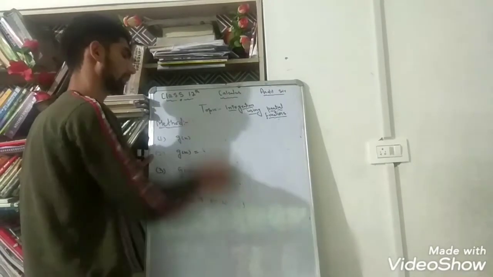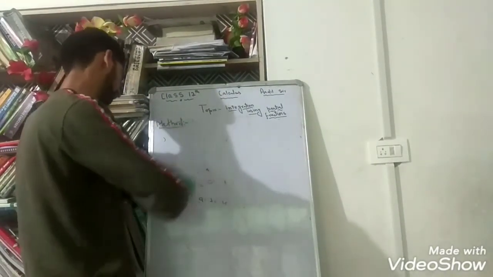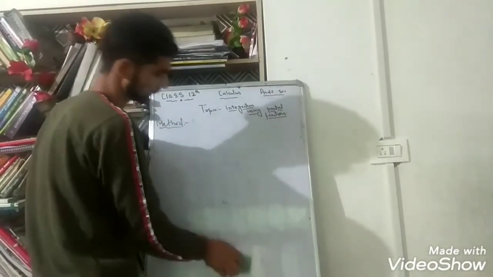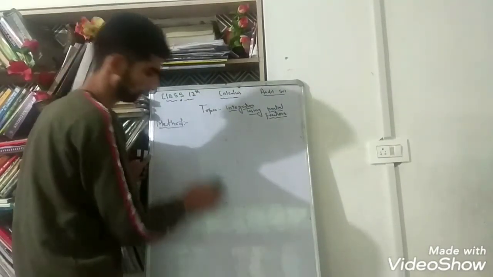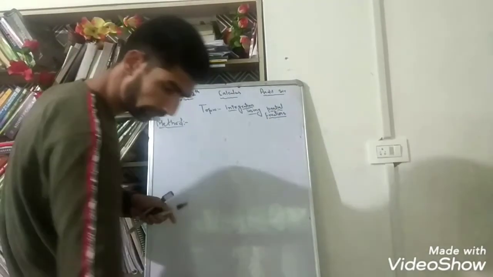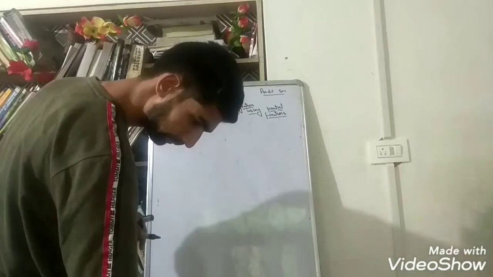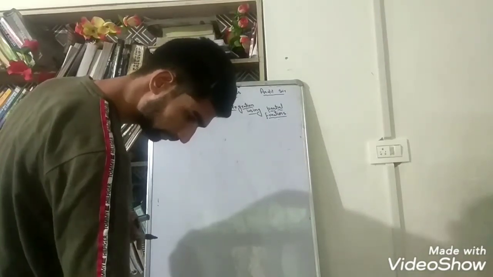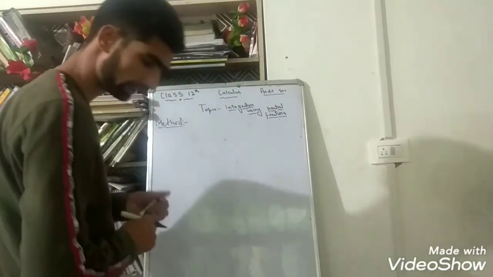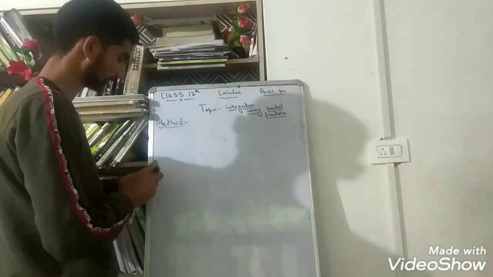If the function is not proper, we have to convert that into a proper function, and after that we have to make a resolution of that proper function as a sum of rational functions, and then we have to find out the values of A, B and C, and so on. Then I will take a simple example based on all the things I have given you.